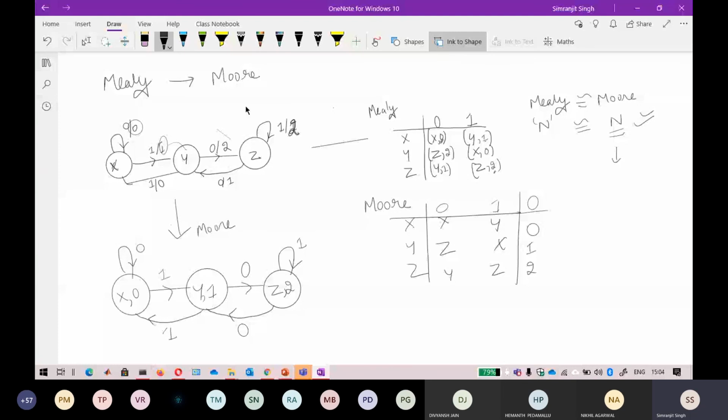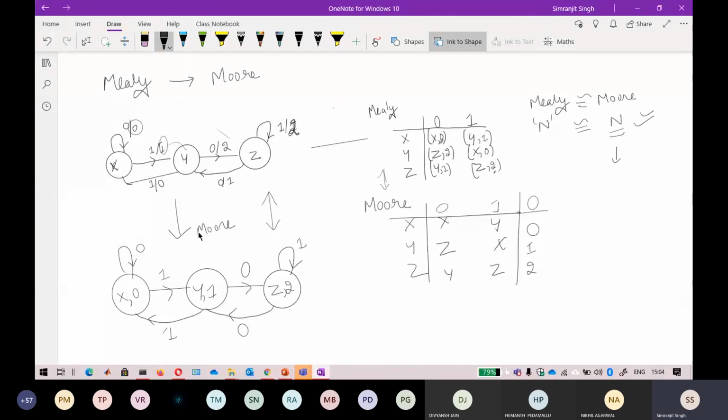So you can directly convert from the diagram. You can directly convert any Mealy machine to a Moore machine, and you can also do it by the transition table method. I hope you prefer this method because this seems fairly easy. And again, if you draw a transition diagram, you will get a better idea of which state you are dealing with.